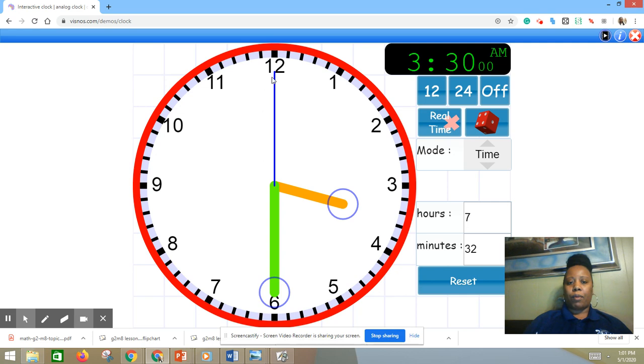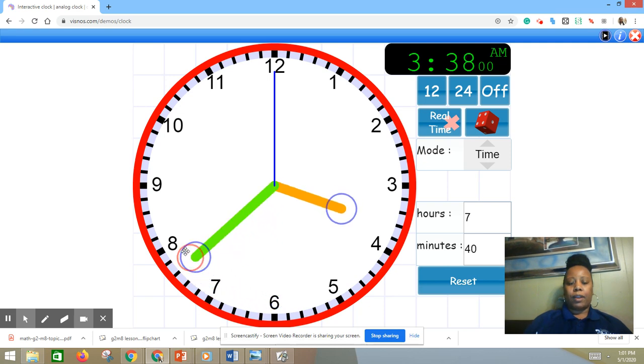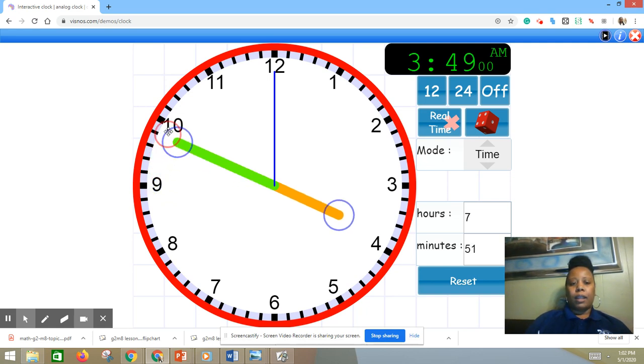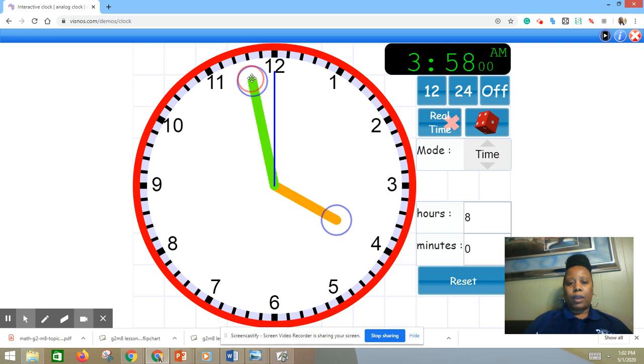We're halfway around the clock, so that is a half past 3. Go to our 9. We're at 45 minutes, so now that is a quarter to which hour? 4 o'clock, because we're almost at 4 o'clock. And once we get our hand on the 12, we will be at 4 o'clock.